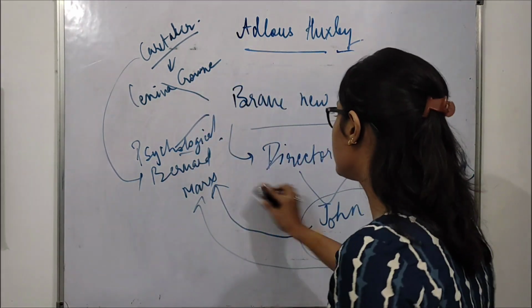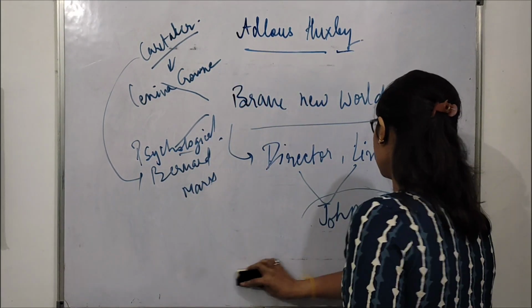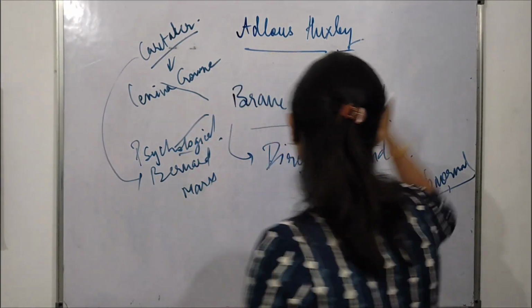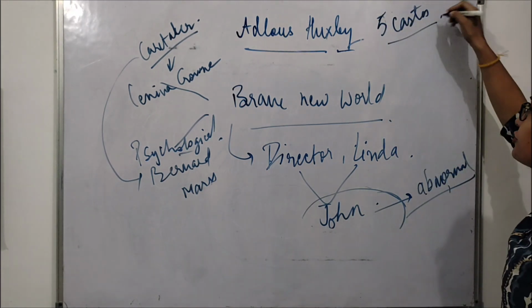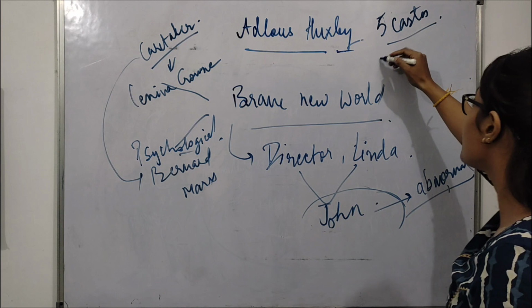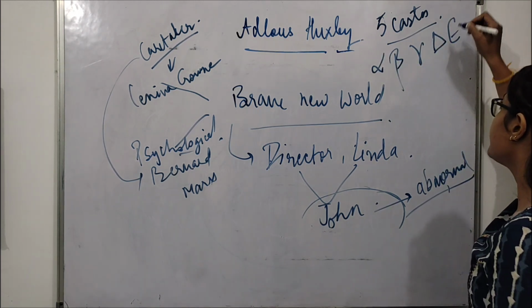Now another thing that you really need to know about this book is that there are 5 different castes that are created. They are called Alpha, Beta, Gamma, Delta and Epsilon.